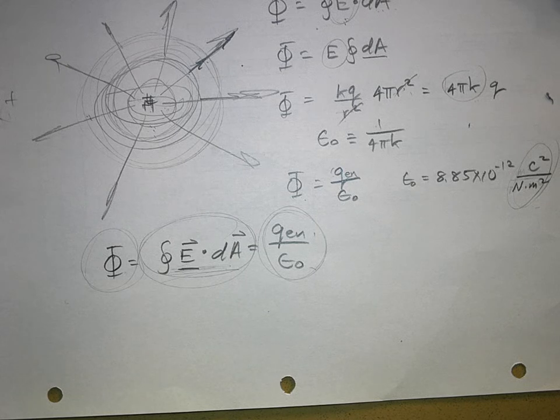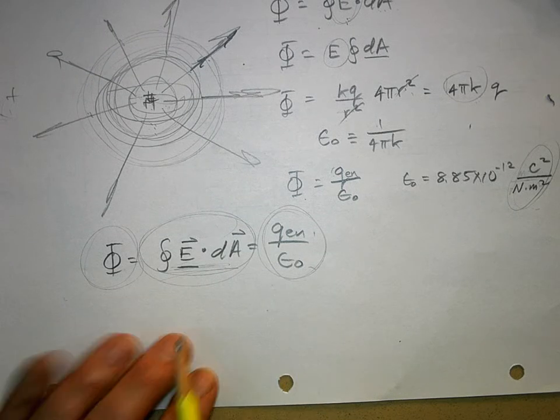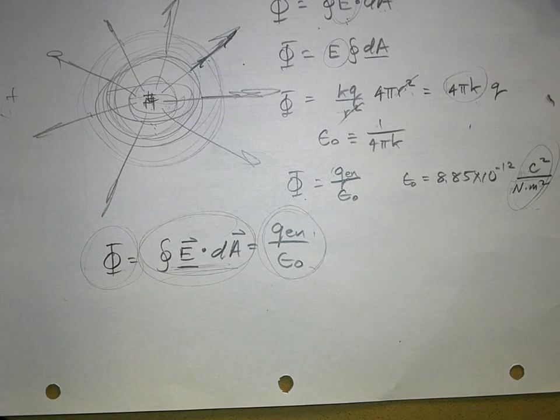It's much easier to figure out the electric field using Gauss's law than Coulomb's law. Coulomb's law is evil if you have a continuous charge distribution. Why? Because you have to worry about adding vectors together, and it's insane.